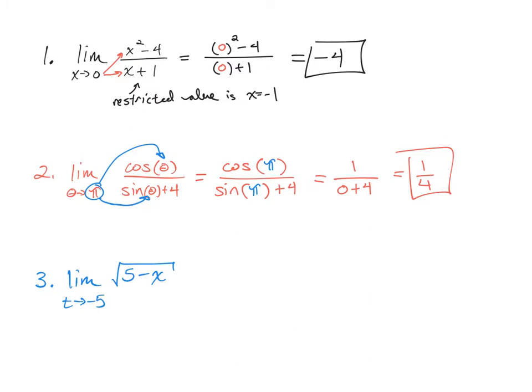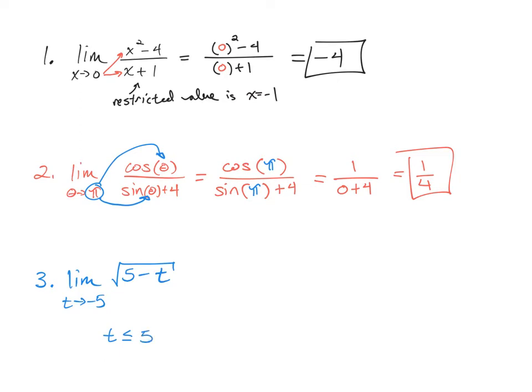And in this last example, I just realized that the limit as t approaches -5 of square root of 5 minus x, that this should in fact be a t. So there we go. So now this limit will make some sense. So again, if we look at the domain of this square root, we know that t needs to be less than or equal to 5.